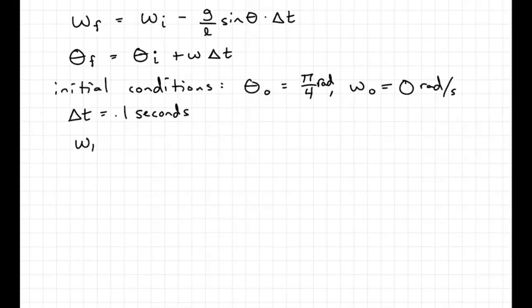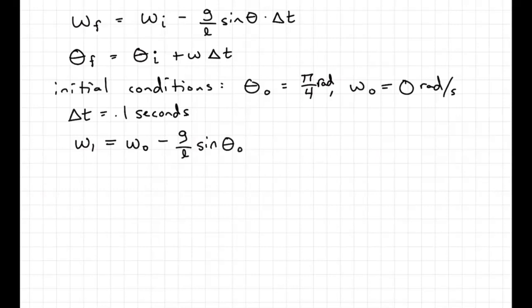So the way I'm going to do that is I'm going to take the previous omega, which will be the initial value of omega at the beginning of my first time step, whereas omega 1 is the value of omega at the end of my first time step. So I've got my initial omega, and then I subtract the value of g over L sine, and now sine would be theta naught here too.